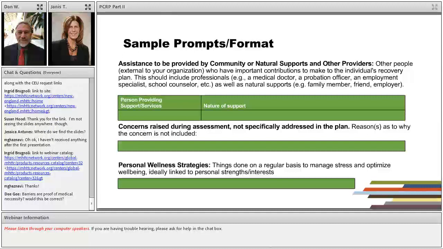one of the things that happens, again in the golden thread, is something important may come up on your assessments. A person has a long history of substance use, but then there's no mention of it on the plan. Now, that may be, of course, you forgot, or it may be a very purposeful thing because the person has basically said, at this point in time, that's not something I really want to work on.